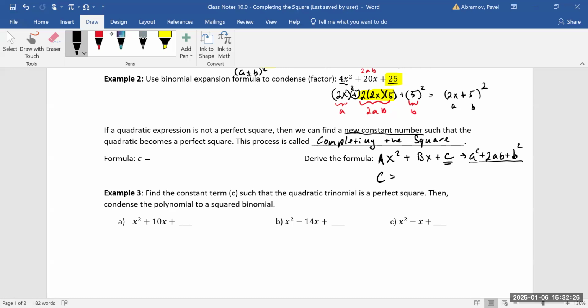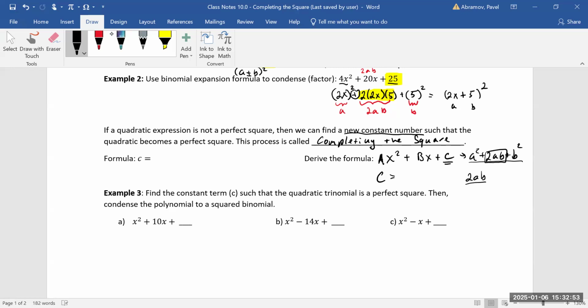So that constant should be a squared number that follows the 2ab in the middle. Okay, so we need to isolate it. So therefore, we're going to get our 2ab, and we need to isolate this b.